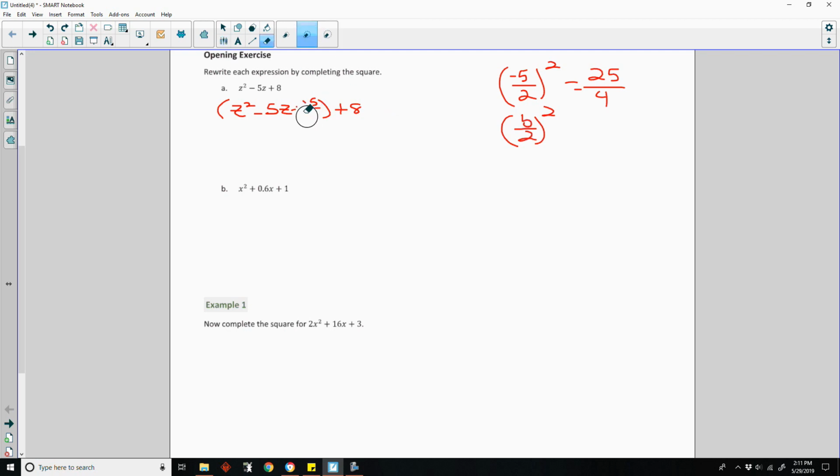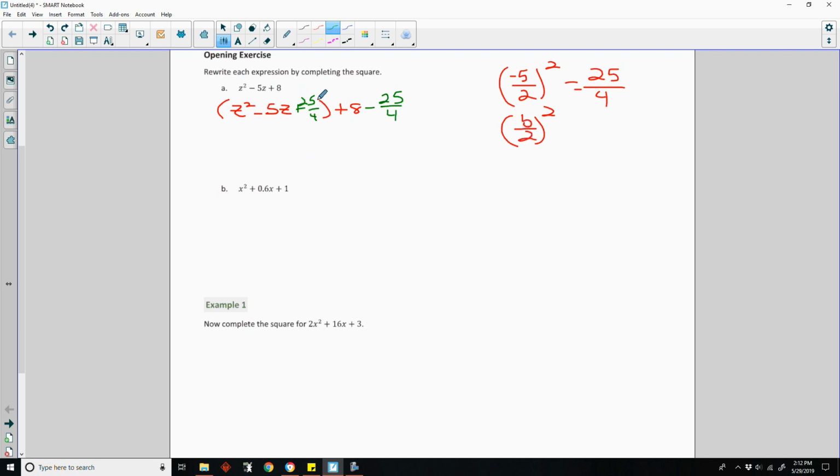And I wanted to do that in a different color because I'm showing you what's going to happen here. So it's plus 25 over 4. And since I added 25 over 4, I have to subtract 25 over 4 to keep this equal to the original.